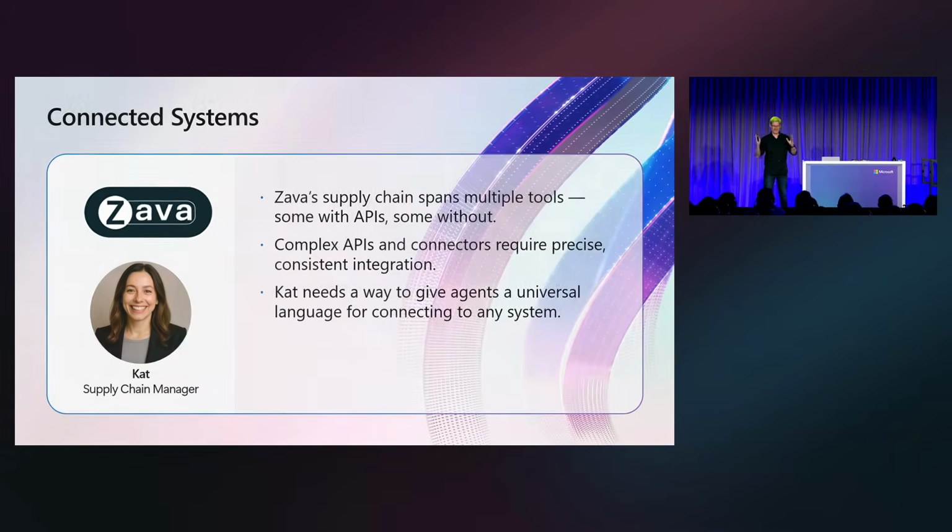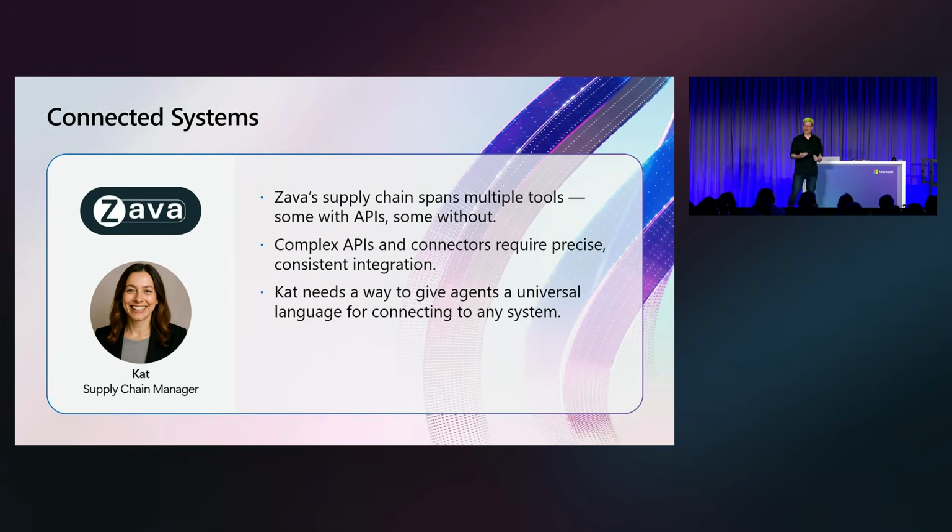And so we have this scenario where Kat, a supply chain manager, is working in 𝗲𝗲, managing orders and inventory. She spends a lot of her time looking at dashboards of stock, looking at stock levels, looking at inventory coming in, inventory going out.